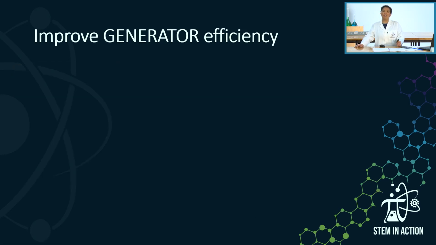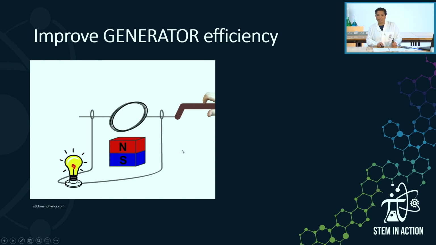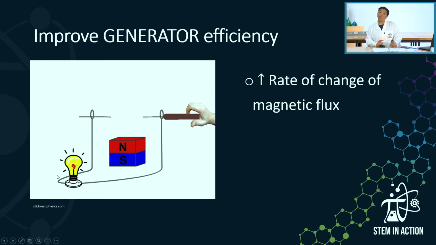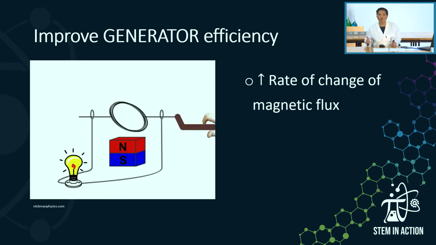So if we consider AC and DC generators, and we know that they're used in industry, there must be ways of improving the efficiency of these generators. And so there we have a generator. How do we know that it's a generator? Because we've got a coil rotating in a magnetic field and an EMF is induced. So we can improve its efficiency by increasing the rate of change of magnetic flux.